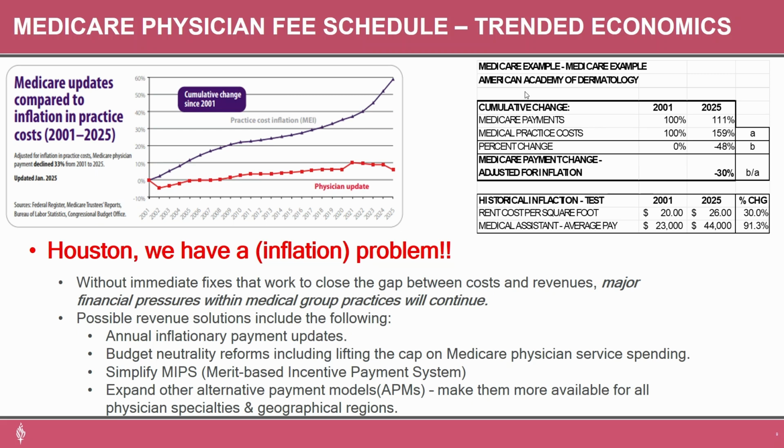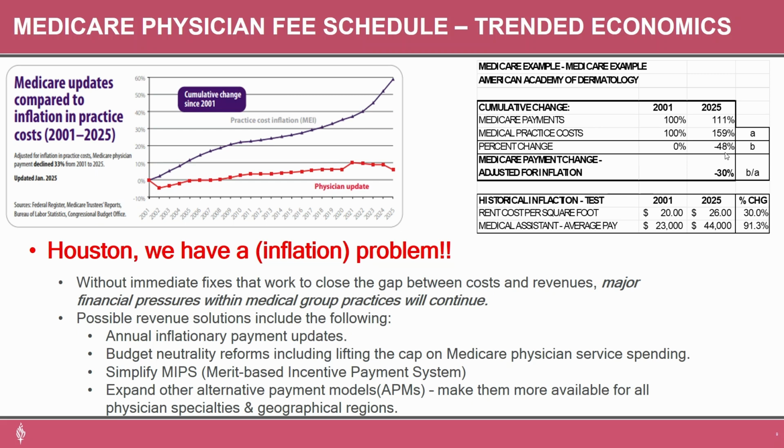Let's look at another similar analysis that shows similar results. The American Academy of Dermatology did their own analysis comparing Medicare payments and Medicare practice costs from 2001 to 2025. Medicare payments, the Academy of Dermatology found, increased 111% over that time, while practice cost increased 59%. The percent change is 48%.